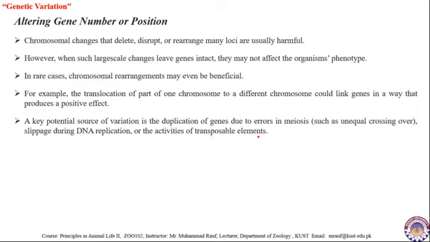Transposable elements are the jumping genes. They are present in our genome, and they detach from one portion of DNA, jump, and attach to some other portion. They are responsible for mutations, because at times they land in the middle of an important gene and induce mutations.